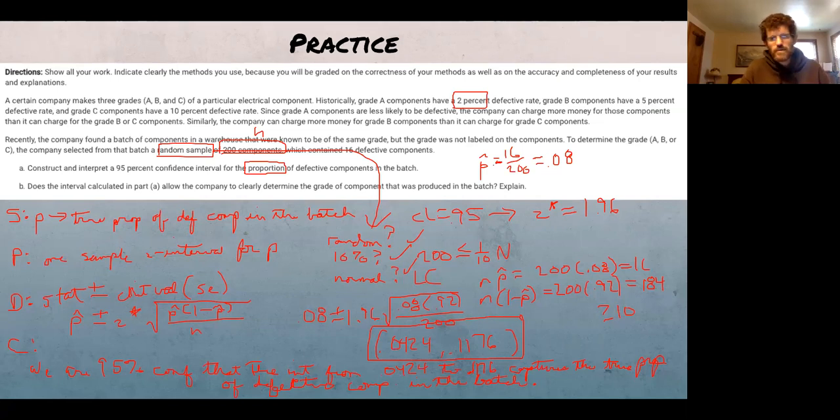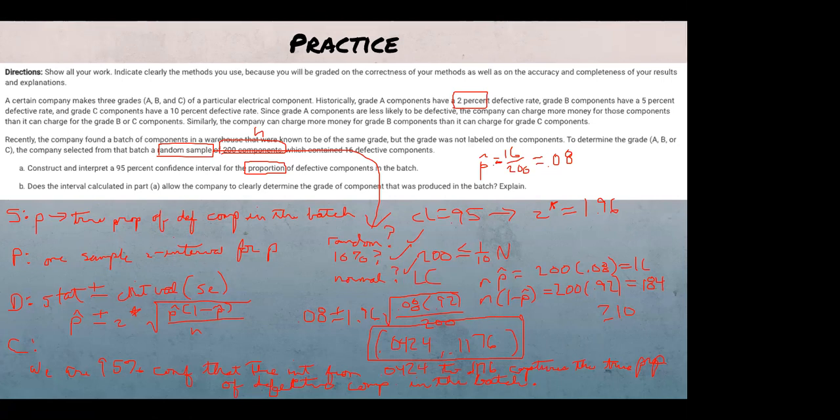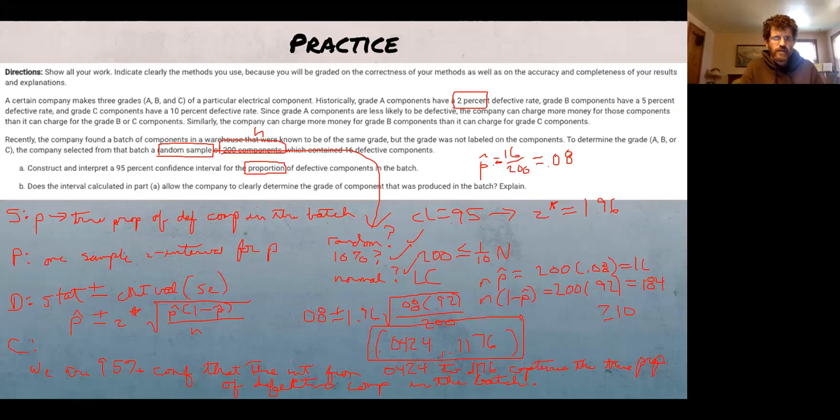Can we rule either one of those out? No, we can't. Okay. So both of those are within the confidence interval. It could have a true proportion of 5% defective rate. It could have a true proportion of 10% defective rate. We don't know which because both of them are within the realm of plausibility.